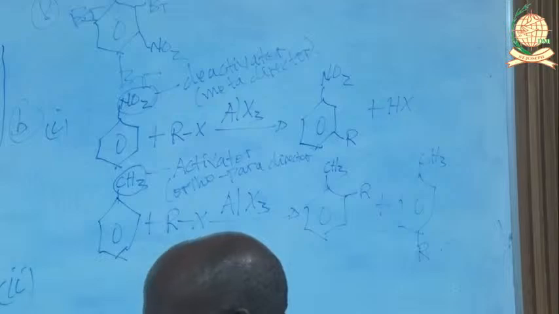Then Roman 2. Roman 2 says, sulfonation of phenol is faster than the sulfonation of benzoic acid. Give reason.